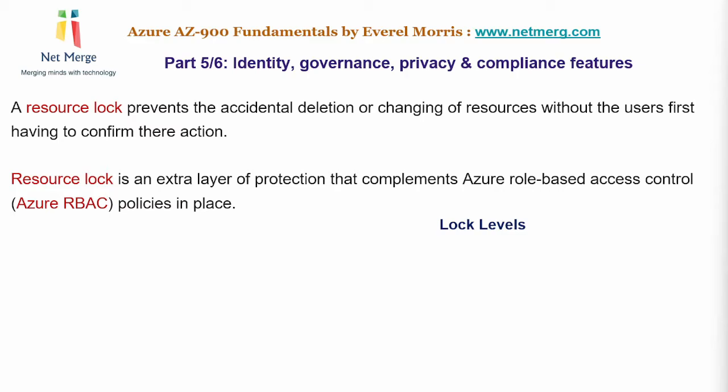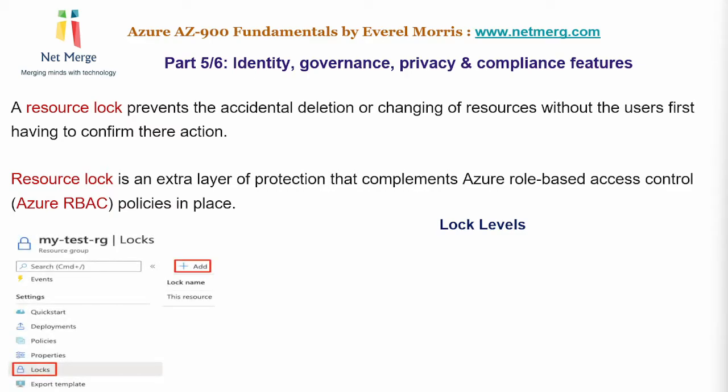It's an extra level of security. If you want to delete something, you have to tell the system that you want to delete it by removing the locks or taking some other form of action that tells the system that you actually know exactly what you're doing and you're not deleting something inadvertently. So that is a part of the security process to secure resources in Azure.